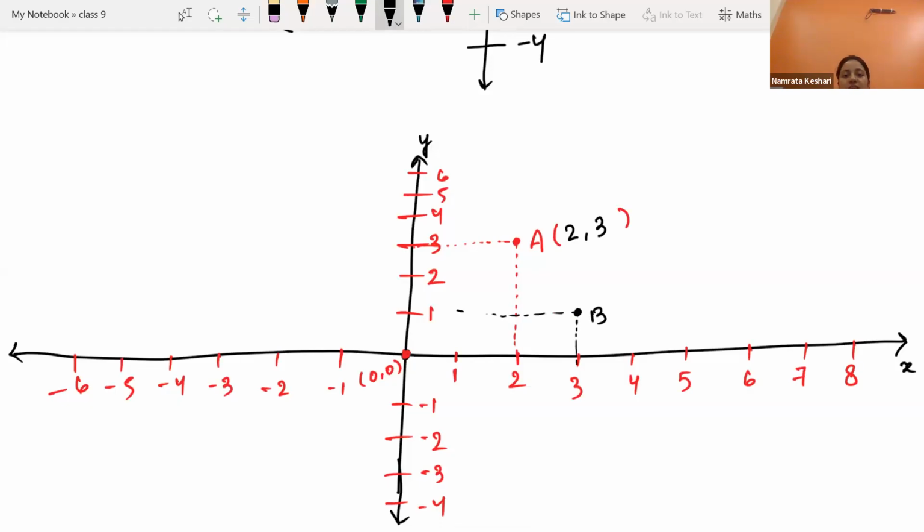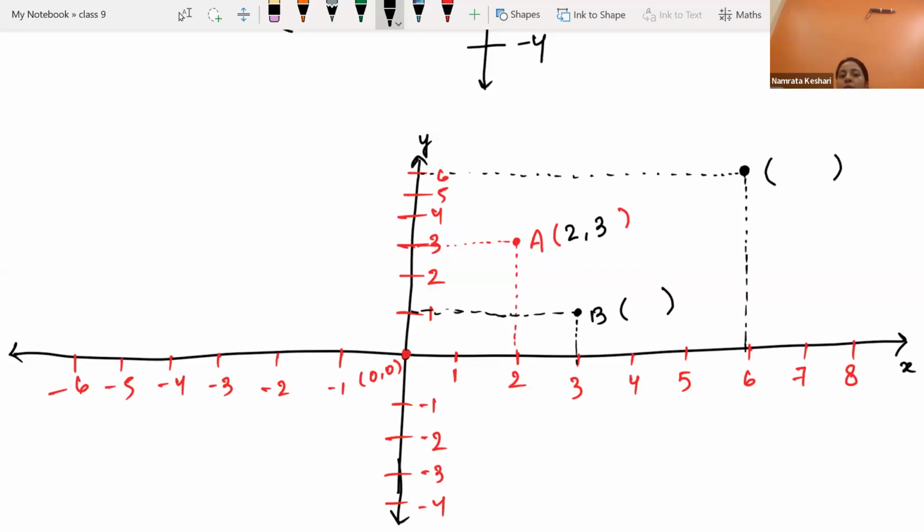Please tell me the coordinate of point B. What is x? What is y? You should not get confused.